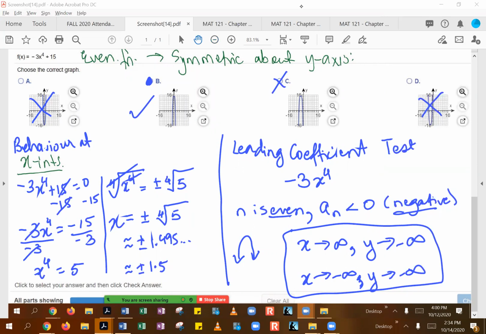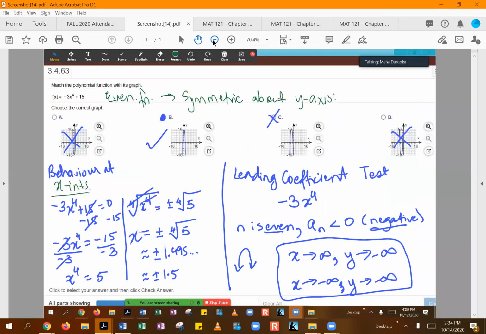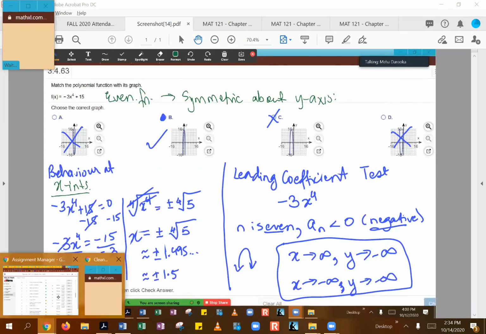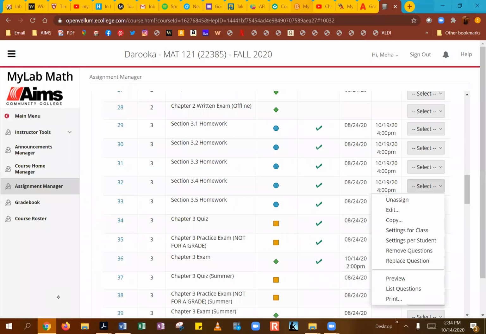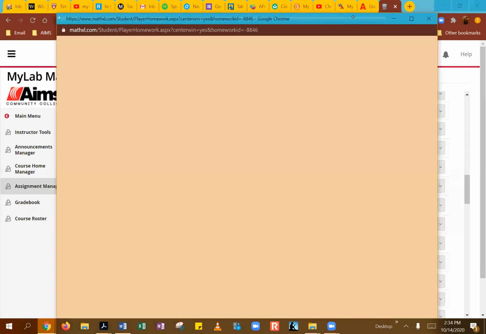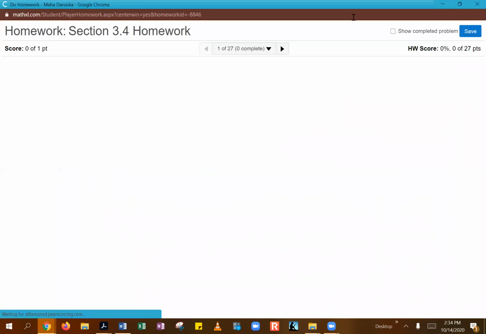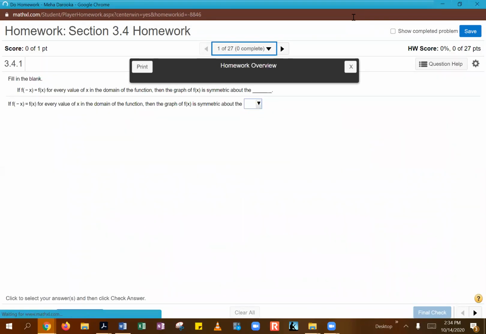You will have a few more examples like this one in your homework. So let me go back to our 3.4 over here. And again, use these three tests to help you out: symmetry, the behavior at the x-intercepts, and the leading coefficient test.